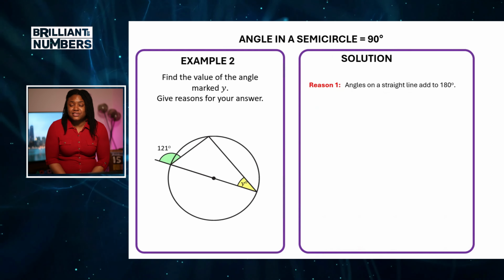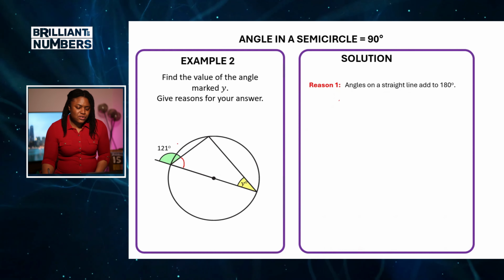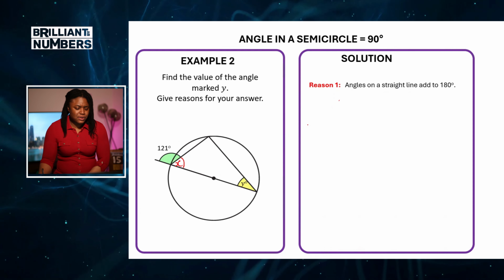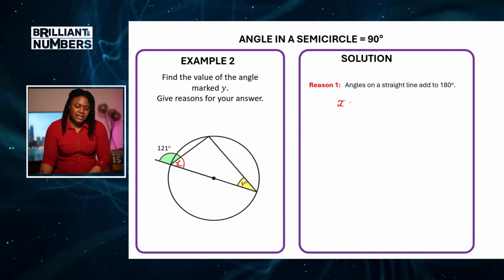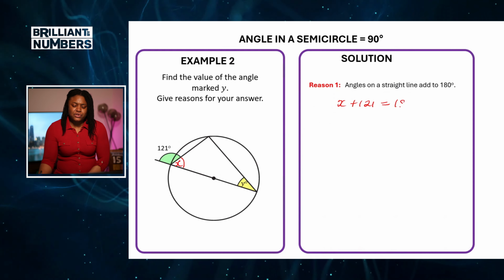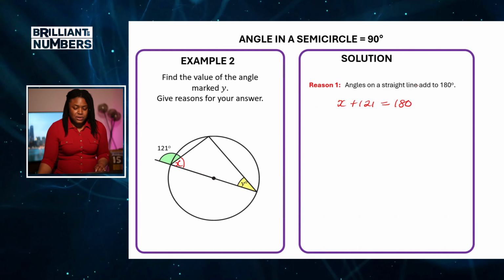So therefore, I'm going to write an equation. I'm going to call this one x, just to avoid confusion with my variables. So I know that x plus 121 should be equal to 180 degrees. And again, get your calculator. We're now going to enter that.